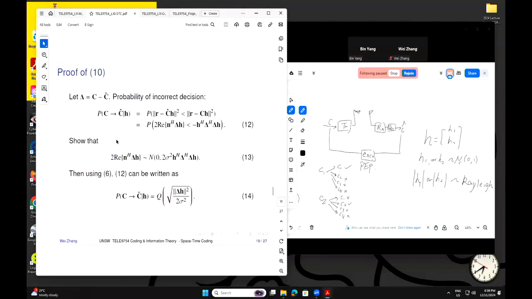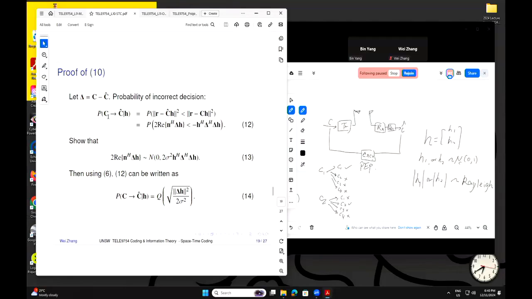Okay, so let us see. C goes to C hat. Firstly, this is regarding detection, all right? So I need to give you some knowledge of detection theory. If you studied TELE9754 last term, probably half of you have studied that course before, then you may feel comfortable.